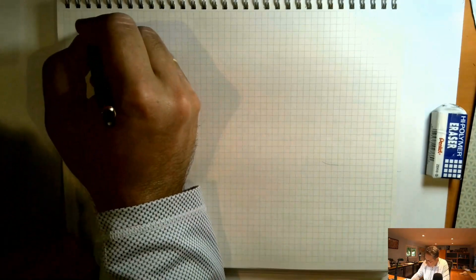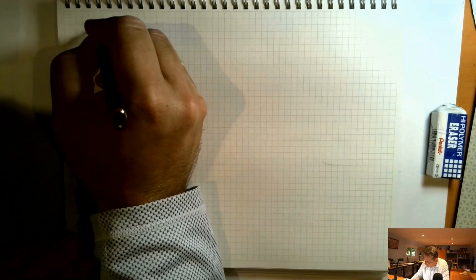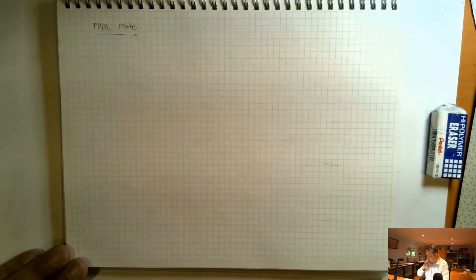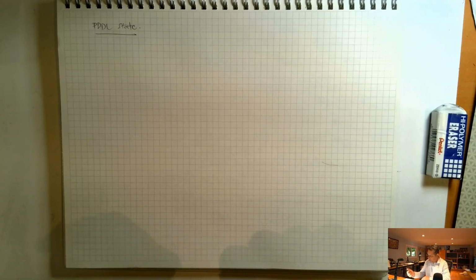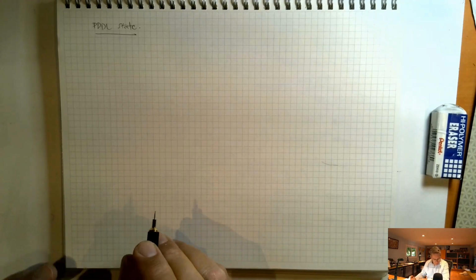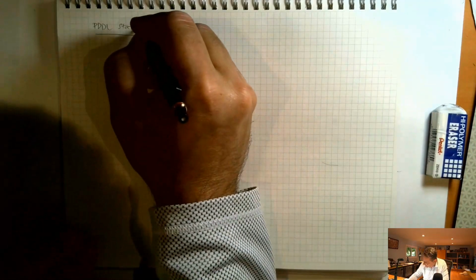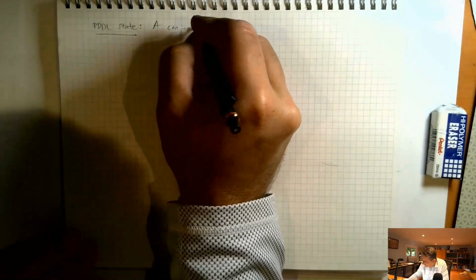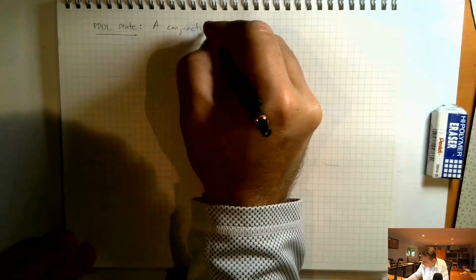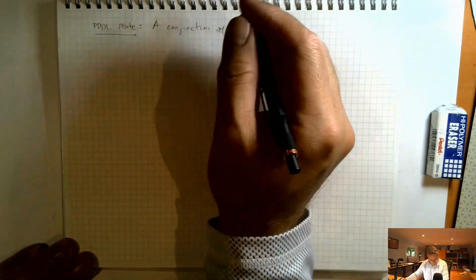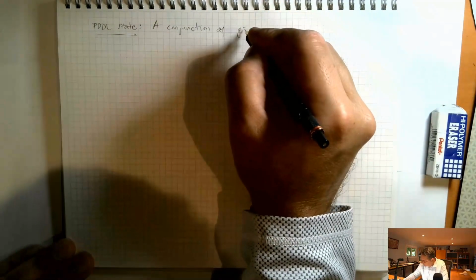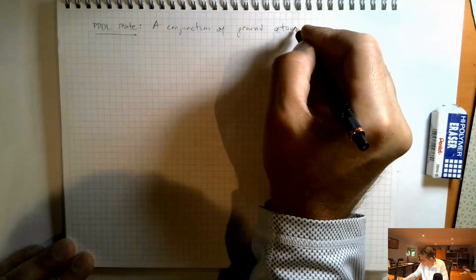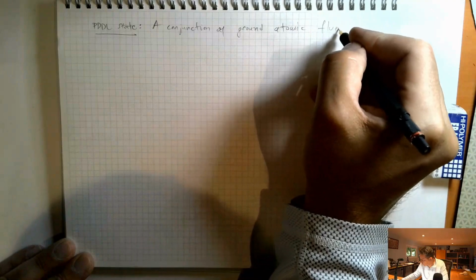And here is what a PDDL state consists of. The specific flavor of state in this kind of representation language. So a PDDL state is a conjunction of what's called ground atomic fluents.